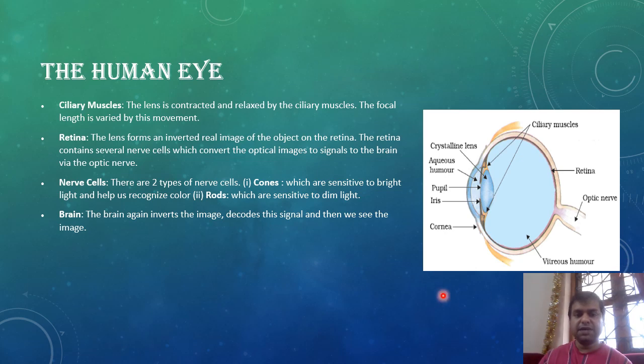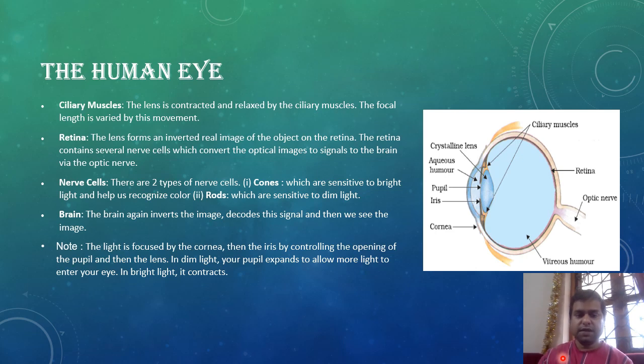So the brain actually inverts the image. We spoke about a real and inverted image being formed on the retina. The brain inverts the image, decodes the signal, and then we see the image. So a very, very important part, the brain, as to how we see things and what we see and to make sense of what we are looking at.